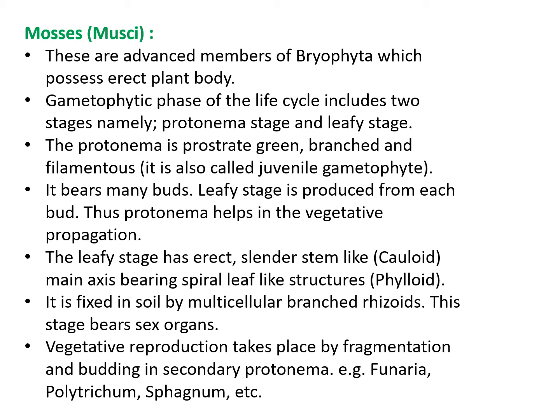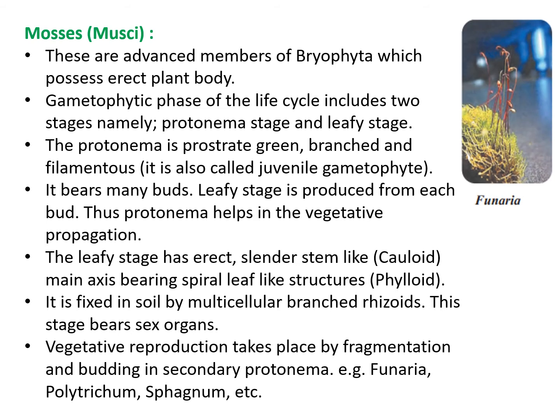This stage bears sex organs. Vegetative reproduction takes place by fragmentation and budding in secondary protonema. Examples: Funaria, Polytrichum, Sphagnum, etc. This diagram shows Funaria.